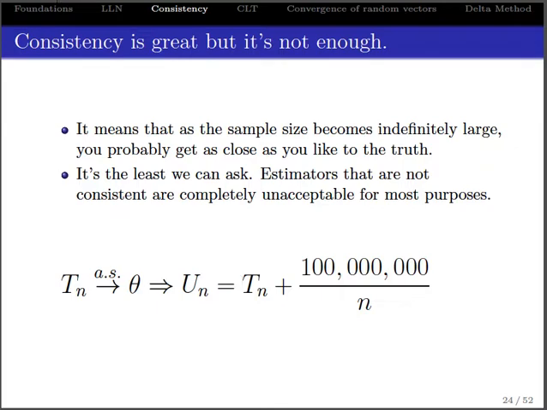Well, that goes almost surely to theta too, because just like an ordinary limit, this second term goes to 0 as n approaches infinity, but for any practical purpose, Un is terrible. So this is a quick toy example that shows you that consistency by itself doesn't mean good estimation at all. It's just that lack of consistency usually means bad estimation.